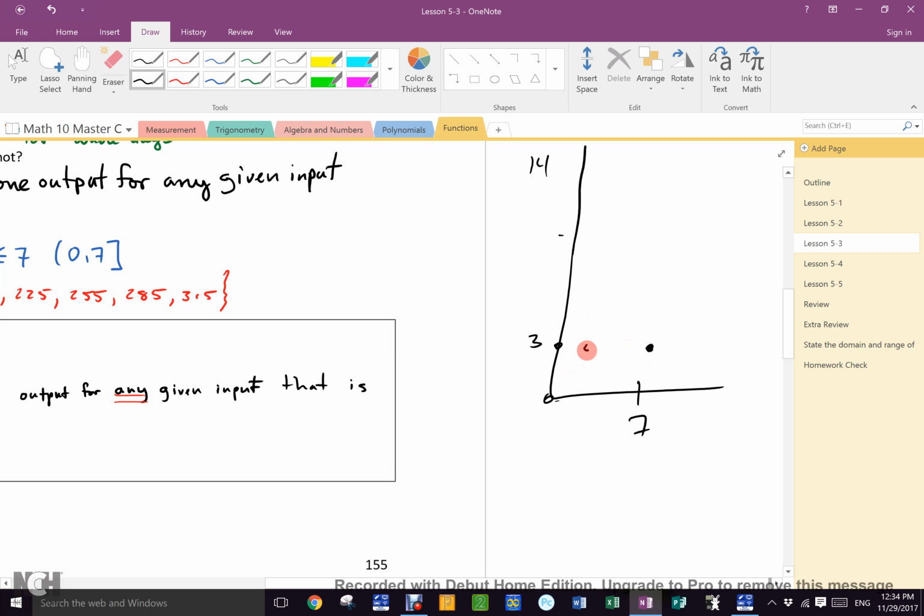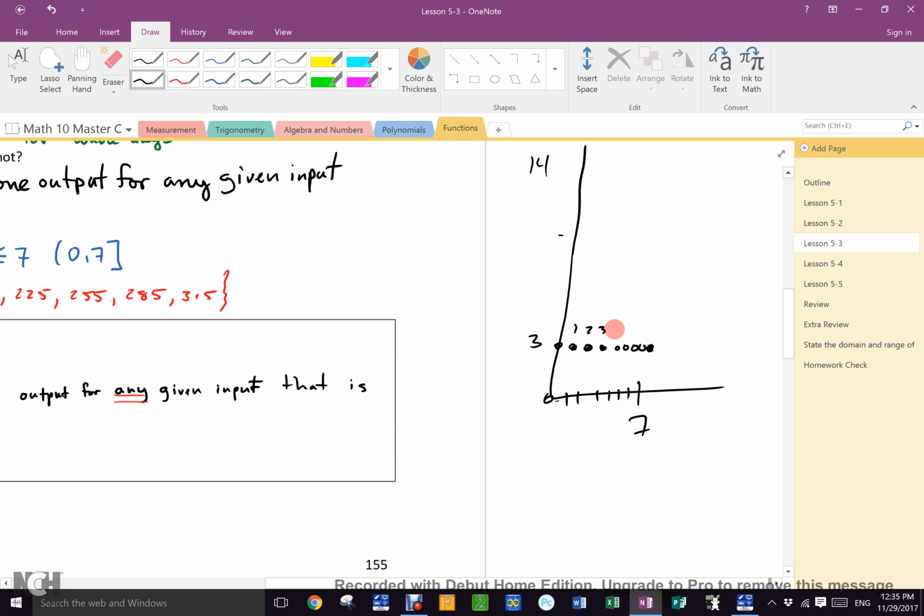What about this? Okay, what if I put closed dots? Is that discrete or continuous? What do you assume I have made these?